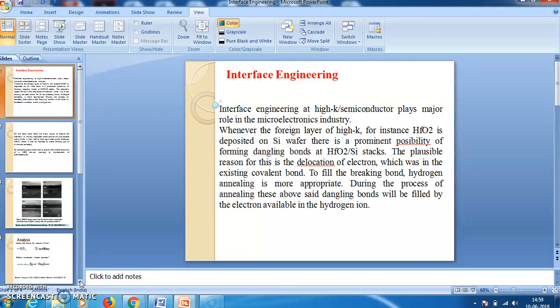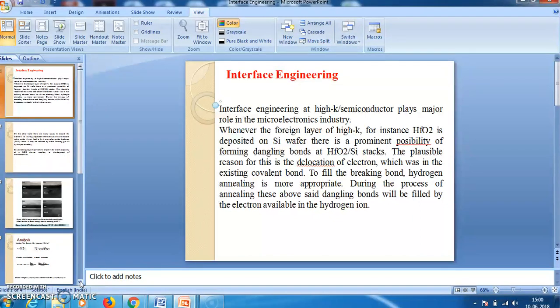So you can perform oxygen annealing, and parallelly hydrogen annealing also. This oxygen annealing may give a more stable interface, because whenever you perform oxygen annealing on the silicon hafnium oxide stack, the oxygen diffuses to the silicon surface, and silicon easily forms silicon oxide.